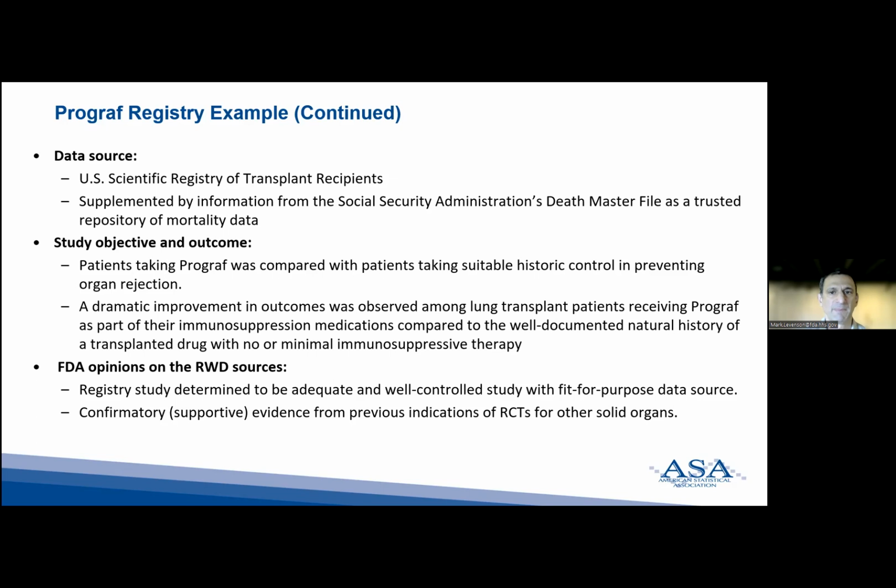The patients in this registry were compared to historical control in preventing organ rejection. Now, this historical control wasn't an explicit group of patients, but the well-known, well-documented natural history that if you're not getting an immunosuppressant, you're very likely going to have organ rejection and very likely death.